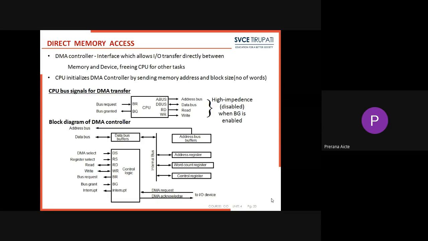And second one, the word count, which is the number of words in the memory block. And third one, control to specify the mode of the transfer such as read or write. And fourth one, a control to start the DMA transfer.